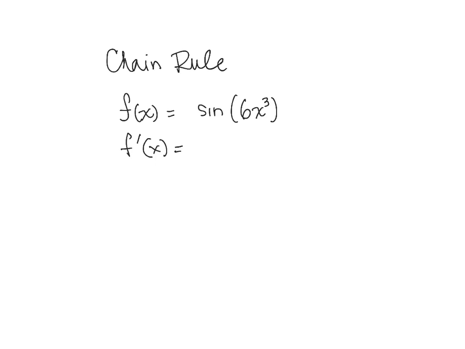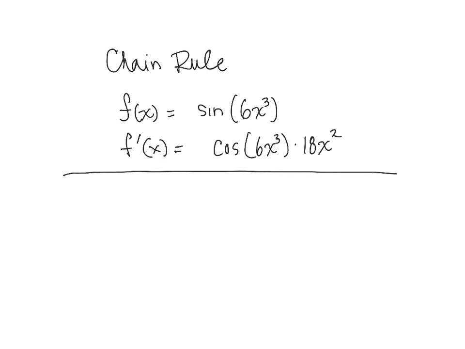To do that, we take the derivative of sine, which is cosine, and then the derivative of the inside piece, which ends up being 18x squared.